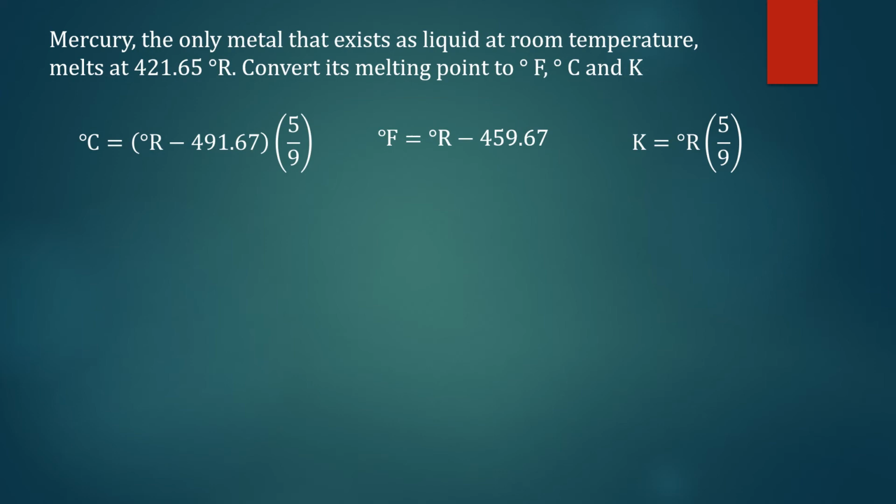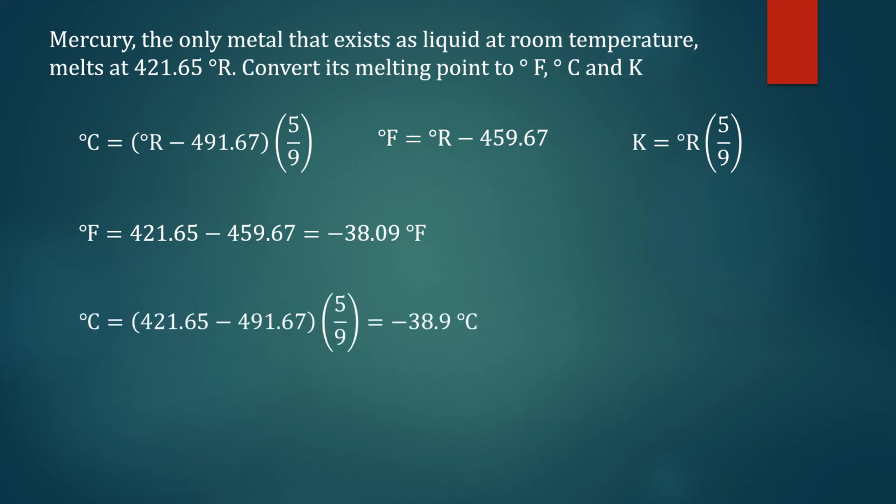So first, the Fahrenheit: the value of Rankine, 421.65, subtracted by 459.67, the answer will be negative 38.09 degree Fahrenheit. And then next, degree Celsius is equal to 421.65 minus 491.67.